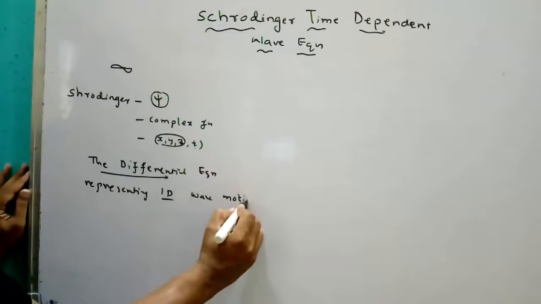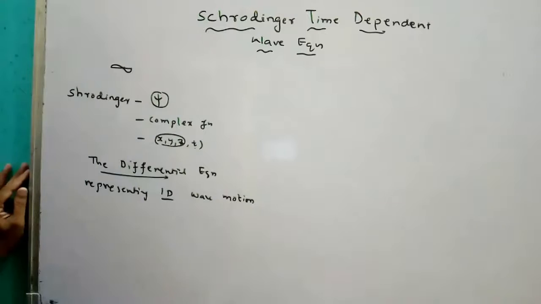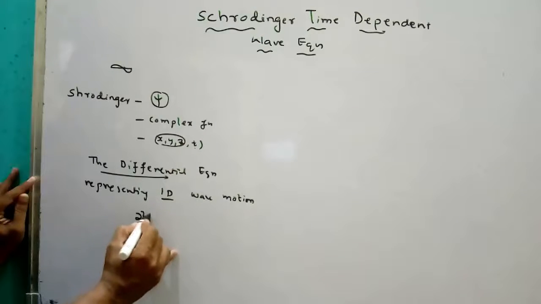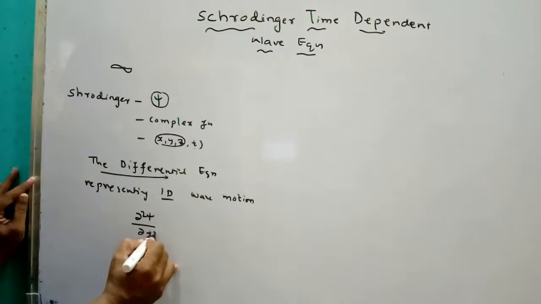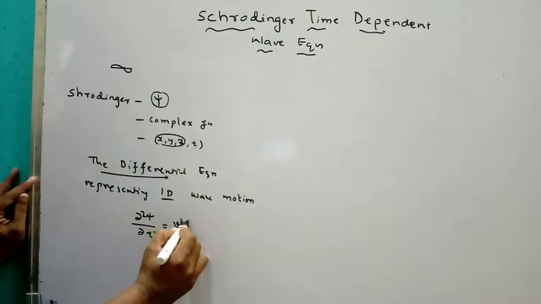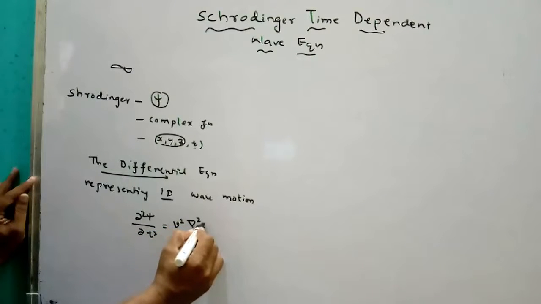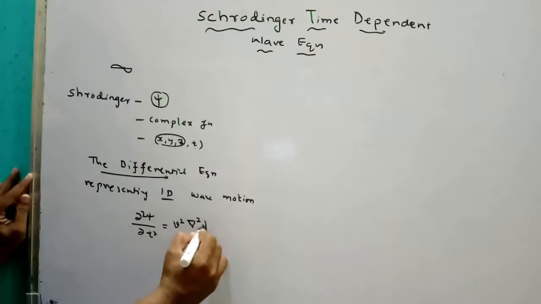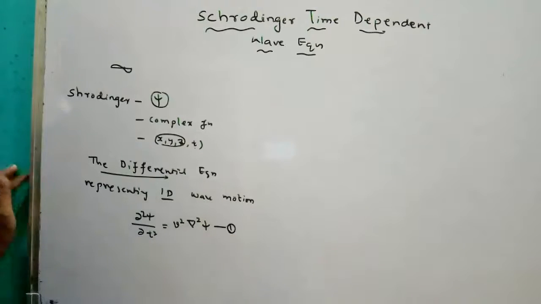See, for this I am writing here: dou square psi by dou t square equals v square del square psi. This is equation number 1.